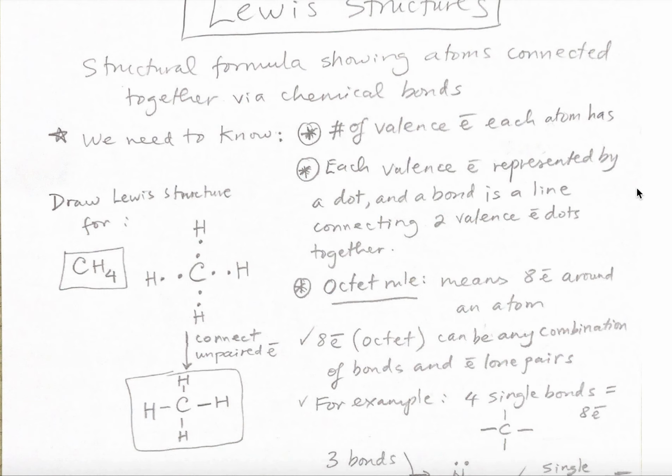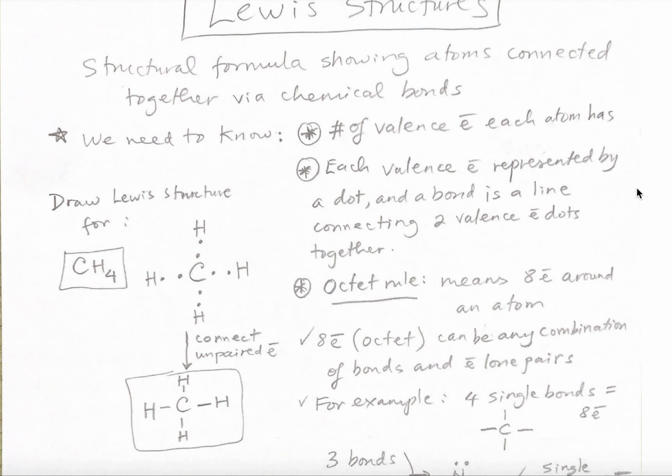You can also look at the periodic table. For group 1, such as hydrogen, we have 1 valence electron. Group 2, the second column on the left of the periodic table, has 2 valence electrons. Let's skip groups 3 to 12, the transition metals, for now.